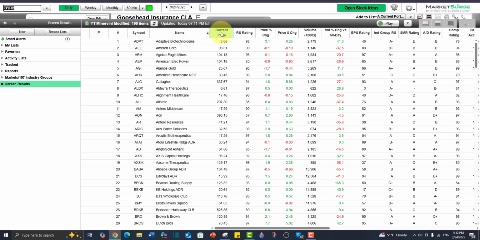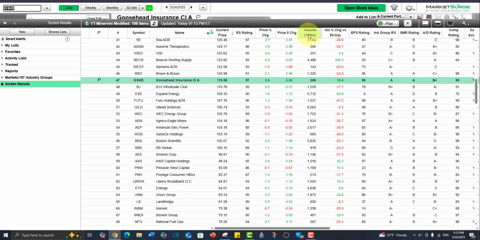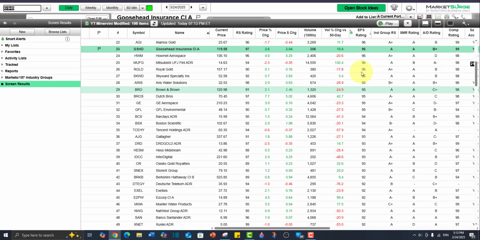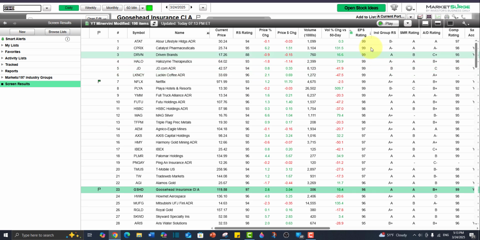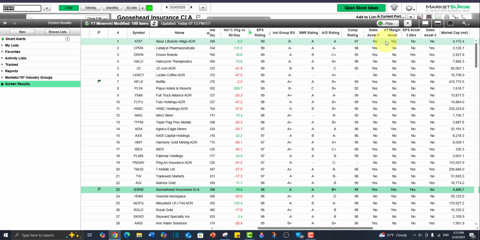We can organize them by price, higher or lower. We can organize them by volume, organize them by EPS rating. Earnings per share growth more than any other attribute moves stocks, in my opinion. So looking at the highest EPS stocks would be a good way to go. AT is ranked number 1 here. Composite rating, relative strength. Where's relative strength here?